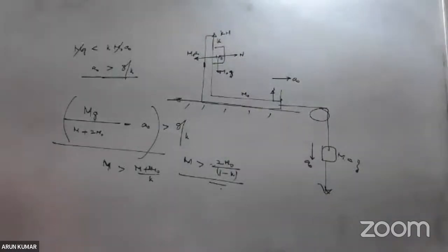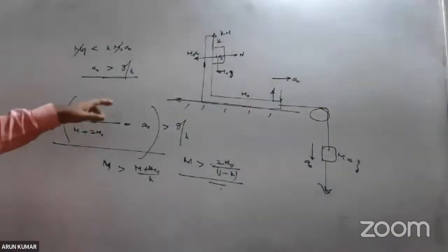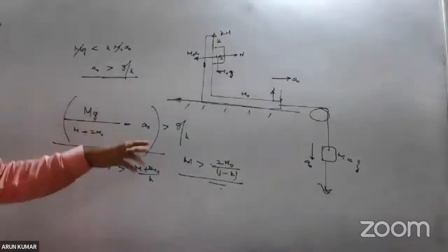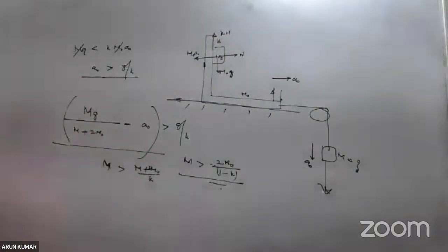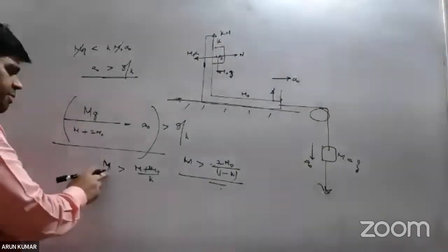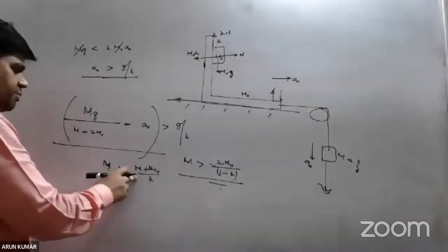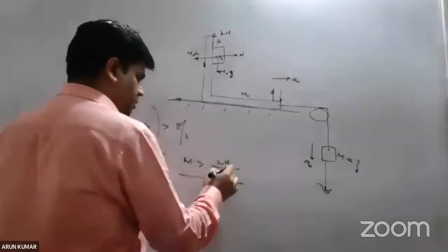Is it 1 minus mu? Yeah. Sorry. Look at this. a is greater than g by mu. Yeah, that's right. But then when mu goes over here, mu mg minus mu m minus... okay, this is mu minus 1, sorry.